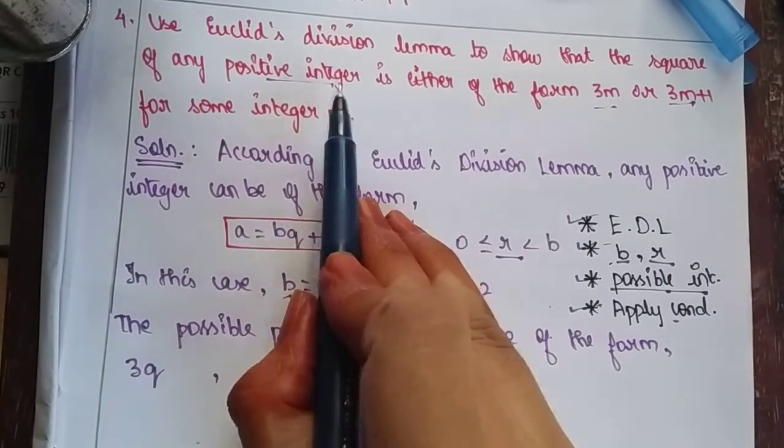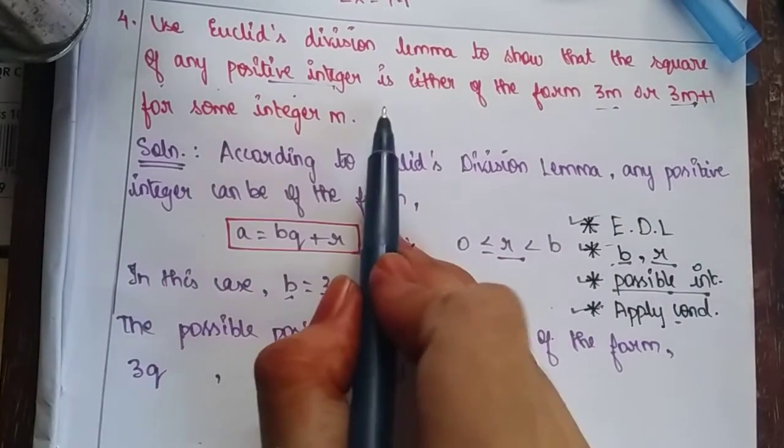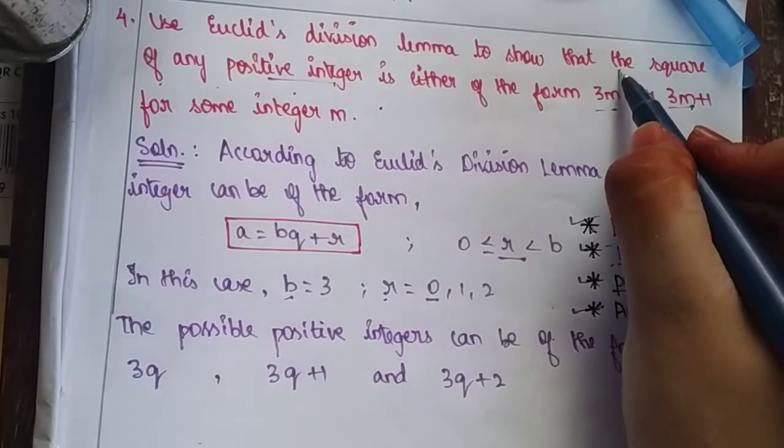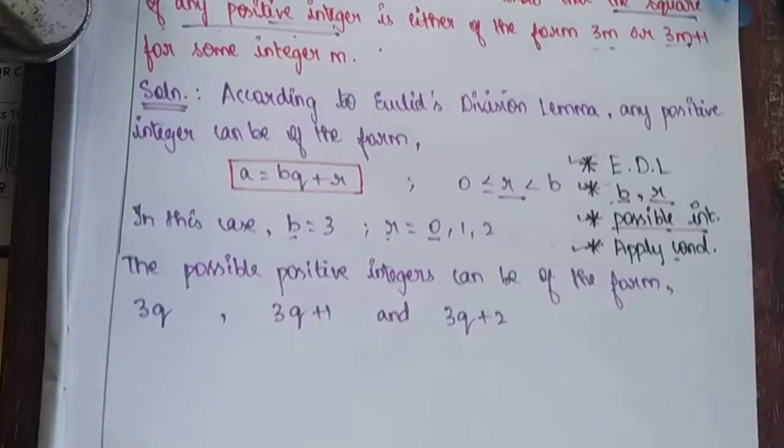See here in the question, they mention the square of any positive integer.